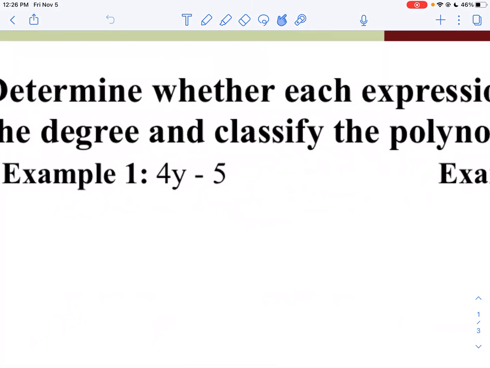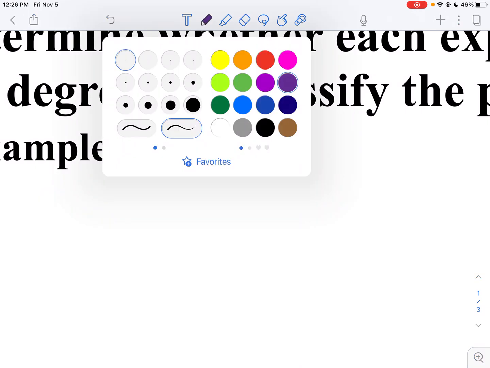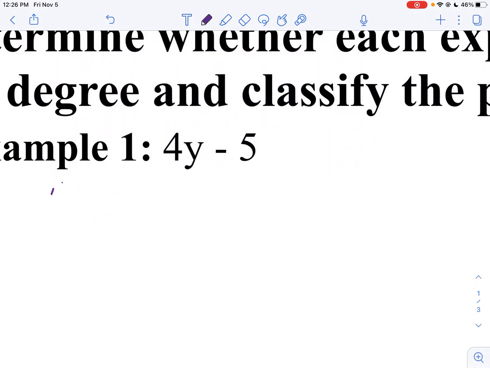So I look at the first example 1. Notice, I don't have anything weird. I've got a nice exponent to the first power. So this is a polynomial. Oh, that's way too thick. Let me thin that up a little bit. Now I look at the degree.